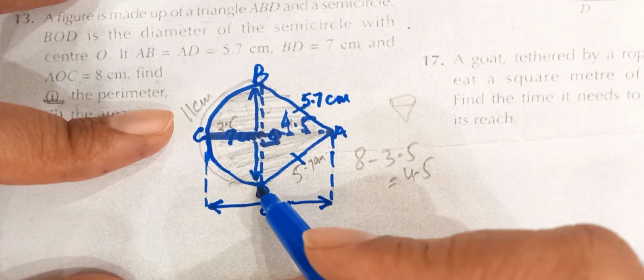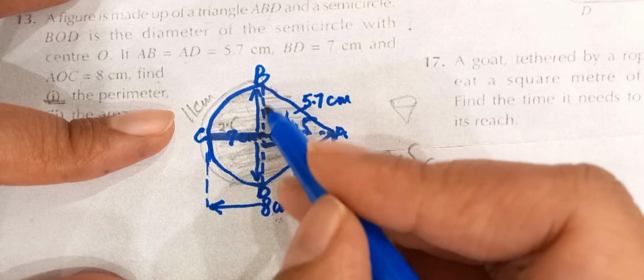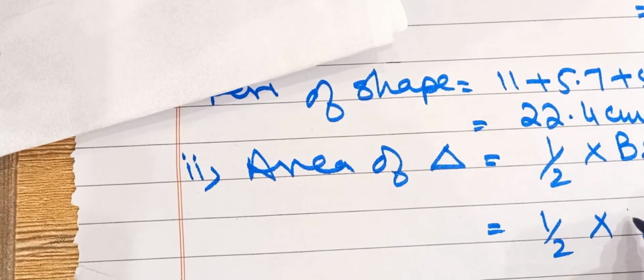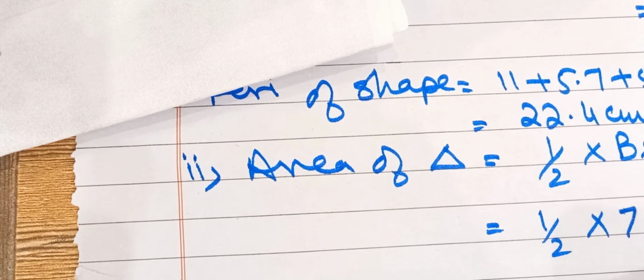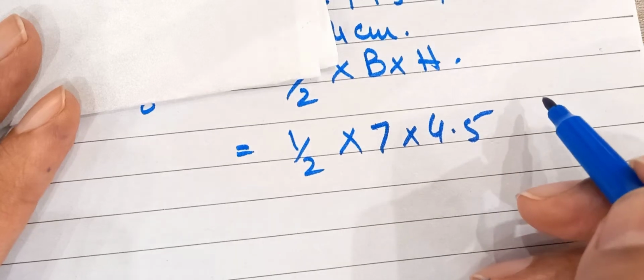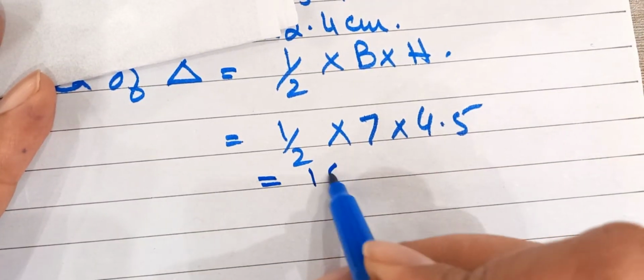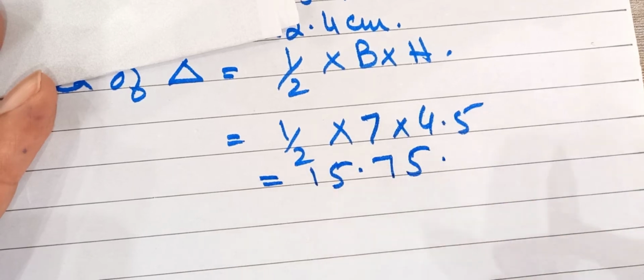The base is this, which was given as 7 centimeters long, and which also makes the diameter of the semicircle. So base is 7 and height is 4.5. I do the calculations, and what I get is 15.75.